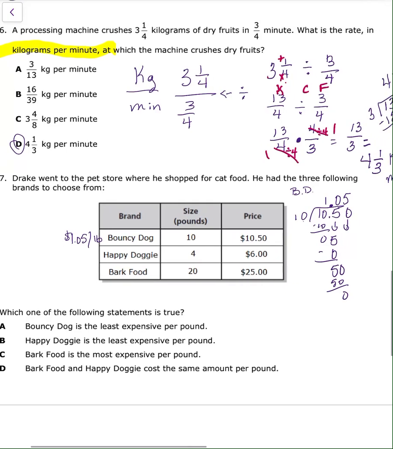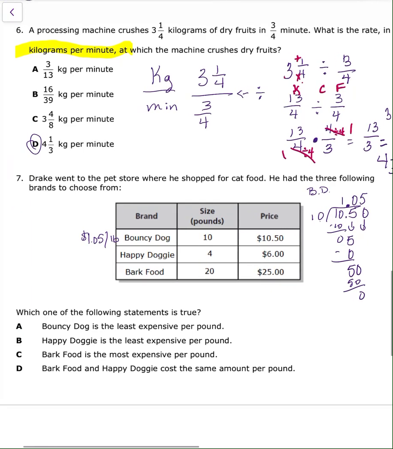All right, so Happy Doggy is $6. So it's 1, 4, 8, 12, 16, 25. Okay, so this one's $1.50 per pound.